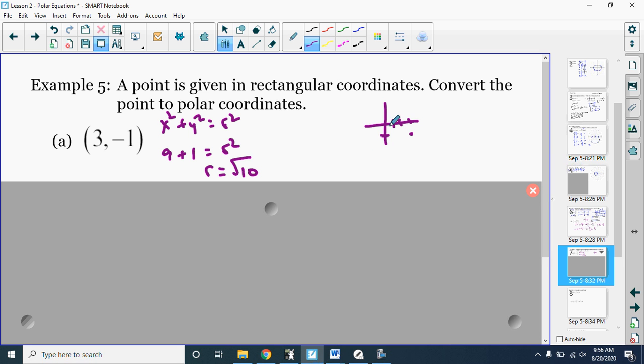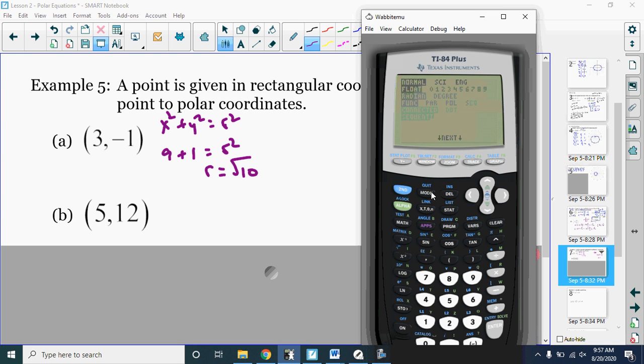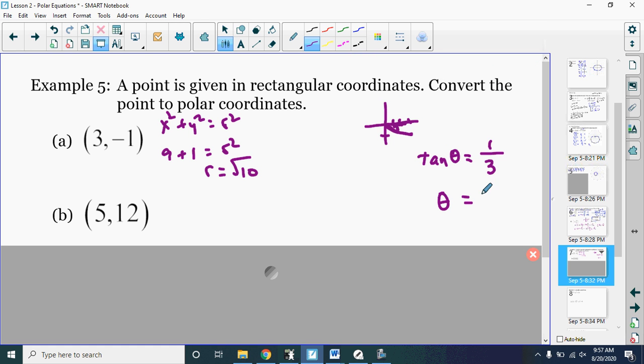And then we can use trig to get our angle measure. So if I'm looking for this angle right here, I'm going to say tangent theta equals opposite, which is 1 unit, over adjacent, which is 3. Inverse tangent of 1/3, make sure you're in radians mode when you do it, is 0.322.